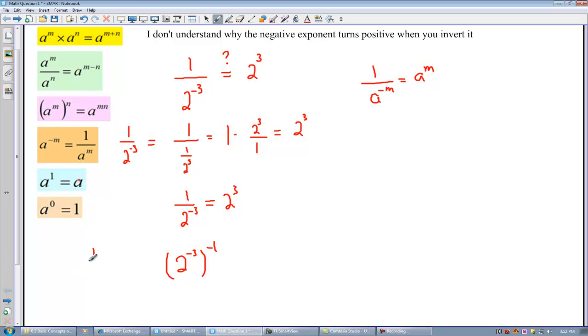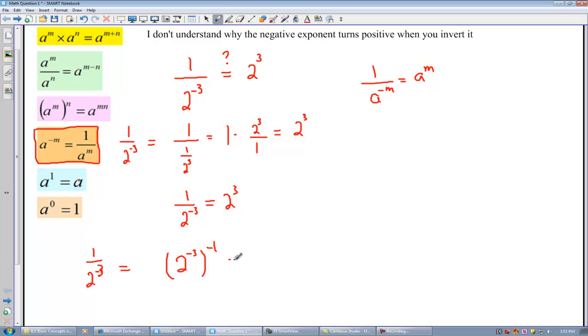So 1 over 2 to the minus 3 is actually equal to that. Why? It follows right from this rule. If you have something to the negative 1, it's just like putting it down in the bottom. So 1 over 2 to the negative cubed. So these are the same thing, really.